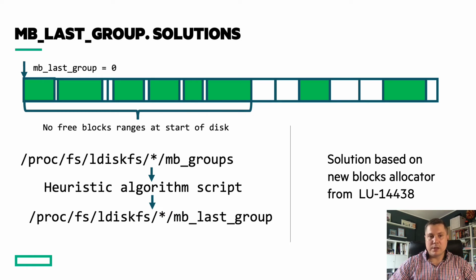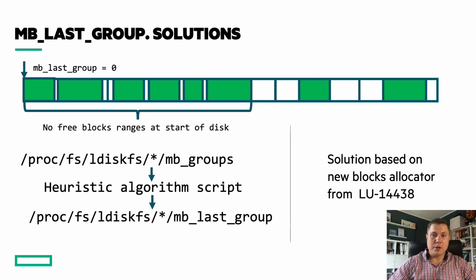We can use MB groups information again. As I mentioned, this output has information about each group and which ranges of free blocks are there. So this output can be processed by a script, and we can find the first group from the start of the partition which has a large enough range of free blocks.